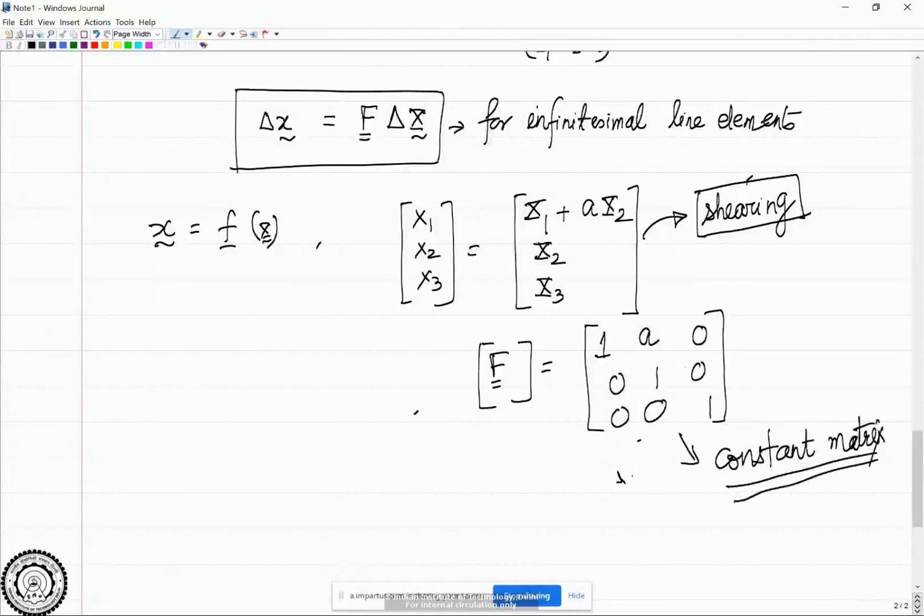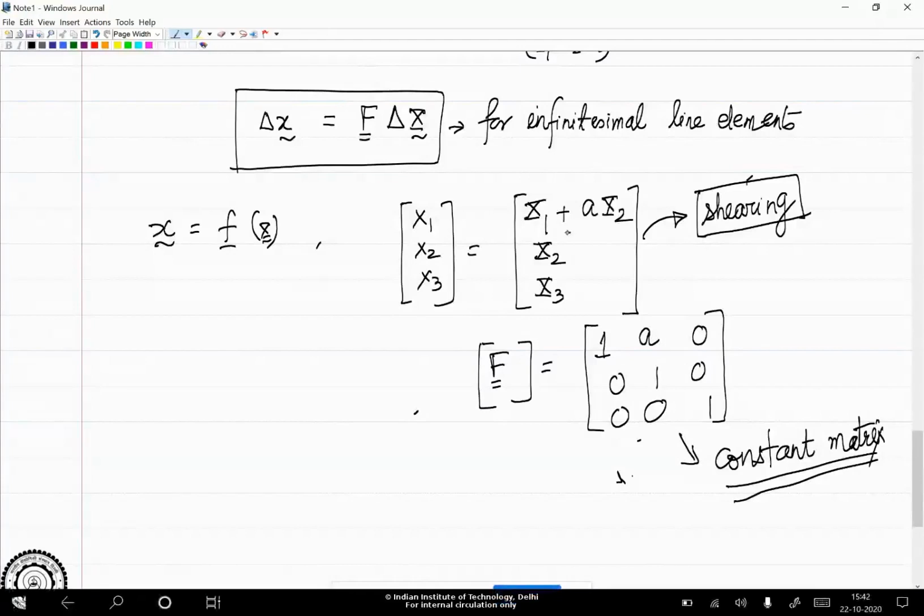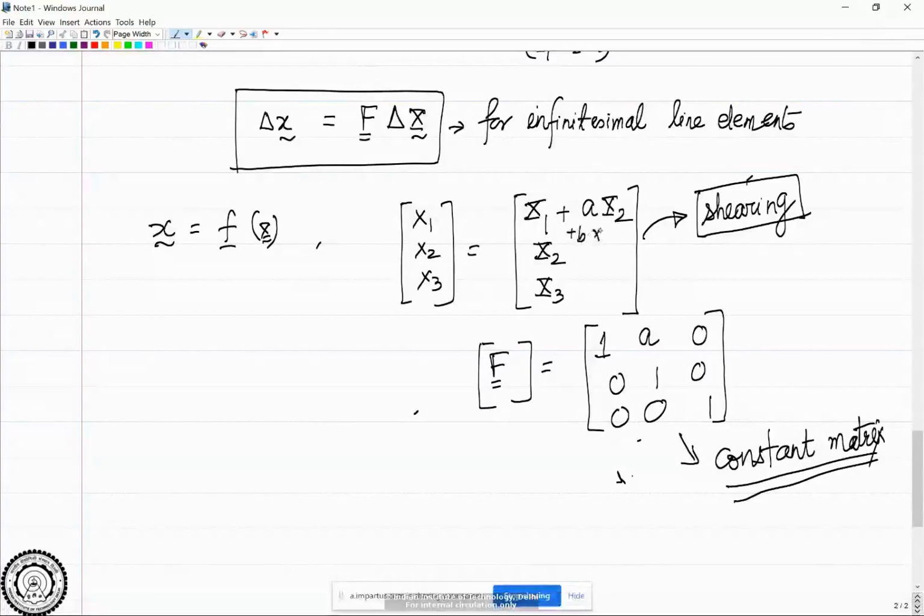But that need not be the case always. For example, if I include an extra term here, plus b times X3 squared, then I get here 2b X3. So in this case, the deformation gradient becomes a function of the point where you are evaluating it.